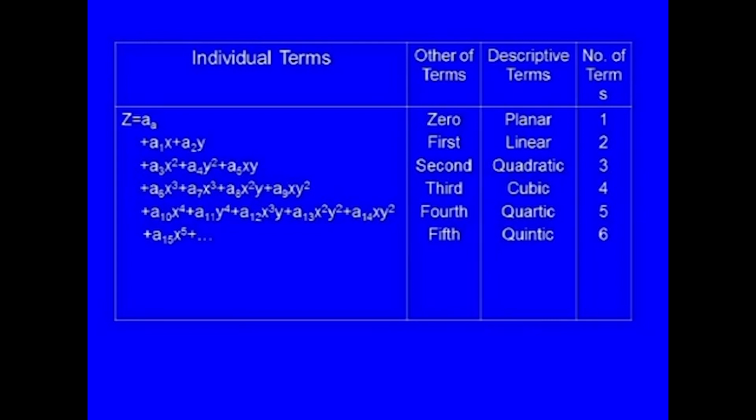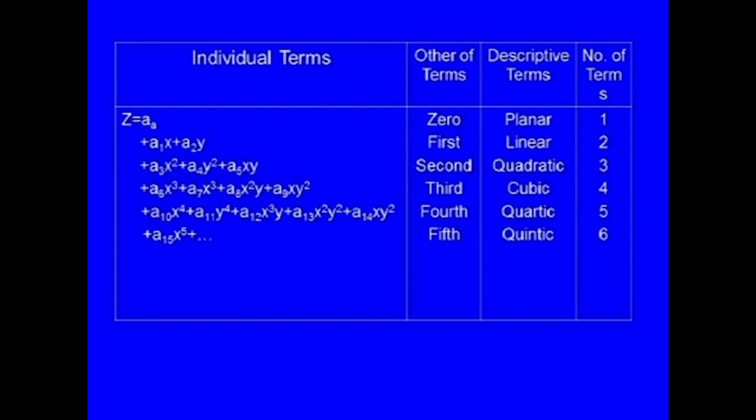If we make this polynomial a first order polynomial, now it is representing a linear relationship, and two more terms are added, that is z is equal to a0 plus a1x plus a2y. Similarly, the second order would have the next values in the polynomial, which is a3x squared plus a4y squared plus a5xy, and this would be quadratic in nature.